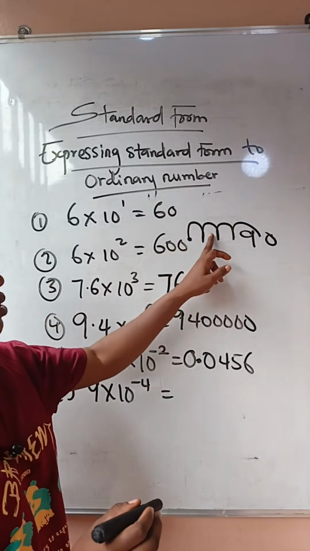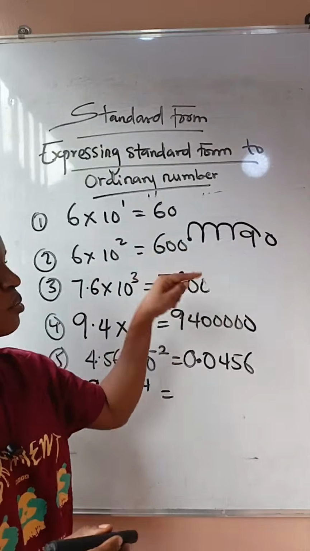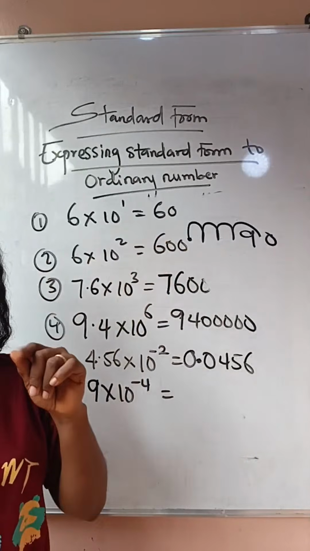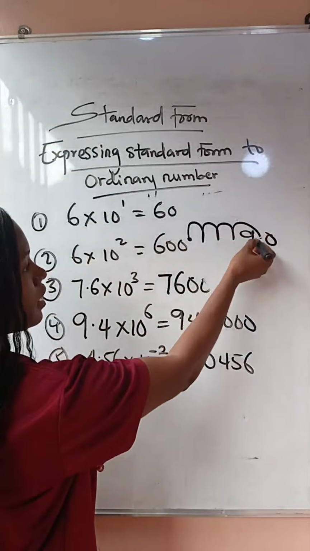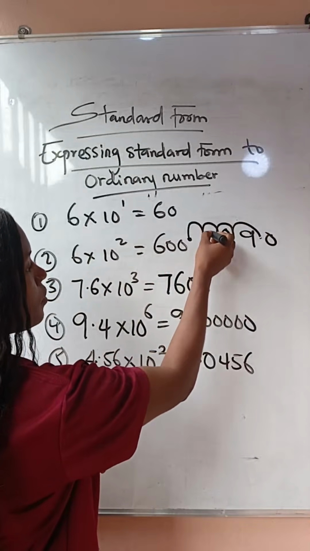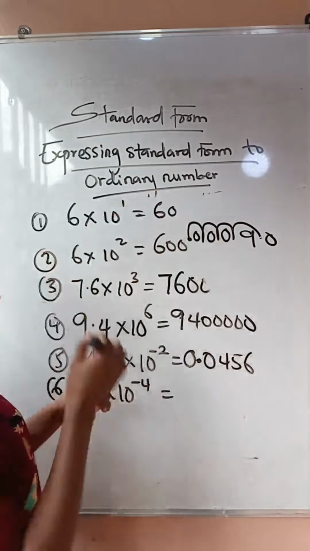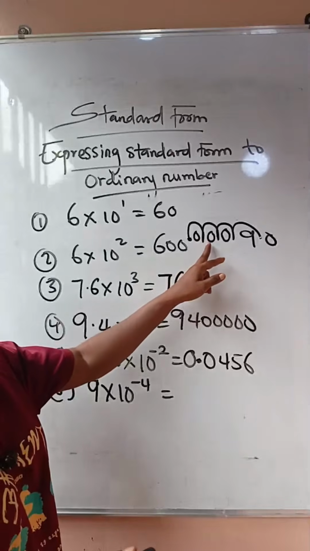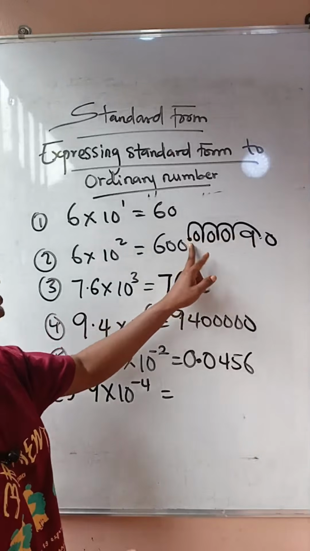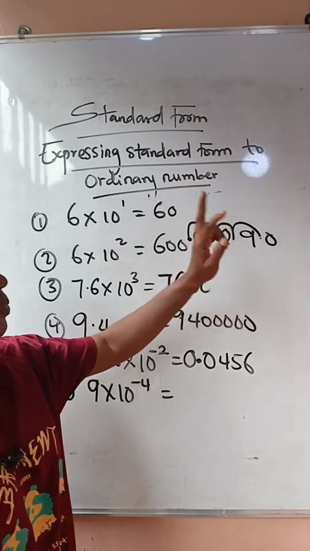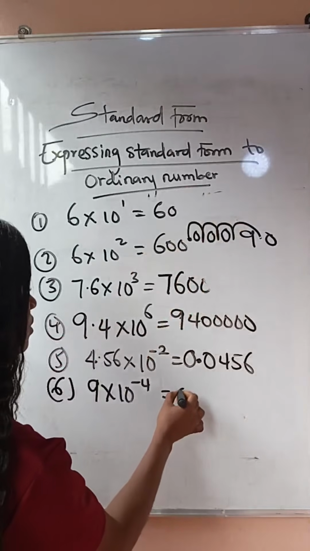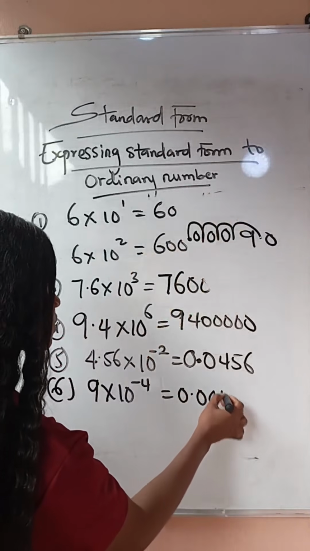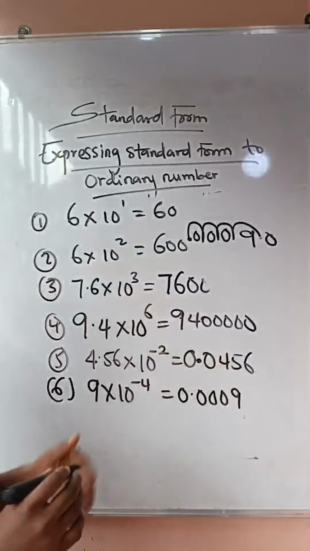Now remember that all the vacant places, you need to replace them with zeros. So we have something already under 9. So this place is open, 0, 0, 0. So you can see that what we have is 0.0009. So we now write 0.0009, and that becomes our answer.